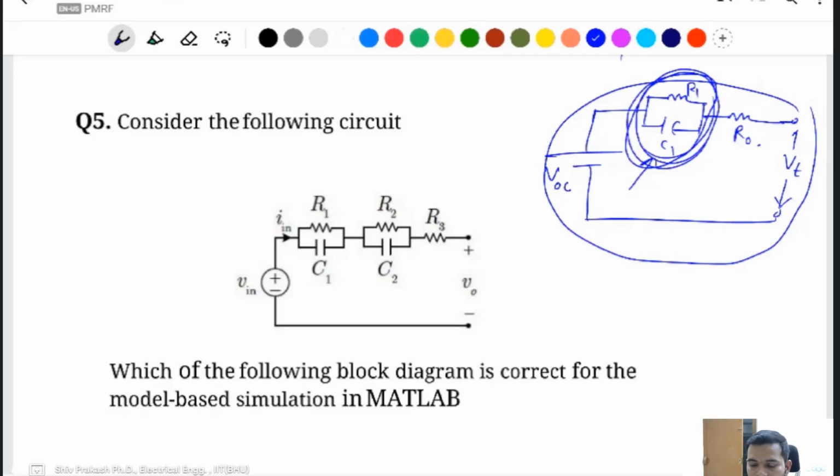If you connect the battery to a load, the current does not flow suddenly; it takes some time, in milliseconds or microseconds, and after that the whole current flows. That delay time is represented by the RC circuit.